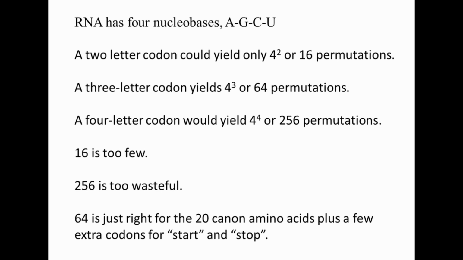A 4-letter codon would yield 4 to the 4th power, or 256 permutations. 256 permutations would be too wasteful to code 20 amino acids. A 3-letter codon yields 4 to the 3rd power, or 64 permutations of codons. A 3-letter codon would be able to code for all 20 canon amino acids, with a few repeats plus a few special instruction codons like the start and stop codons.